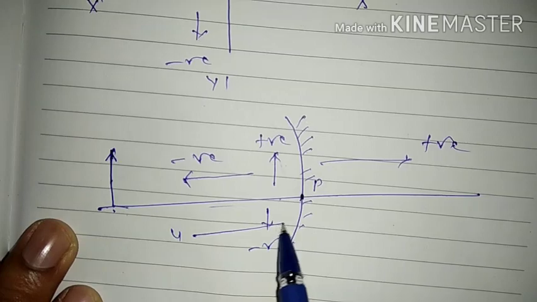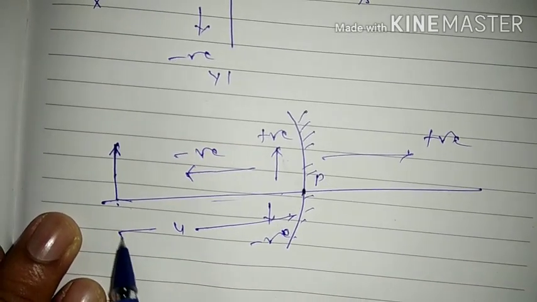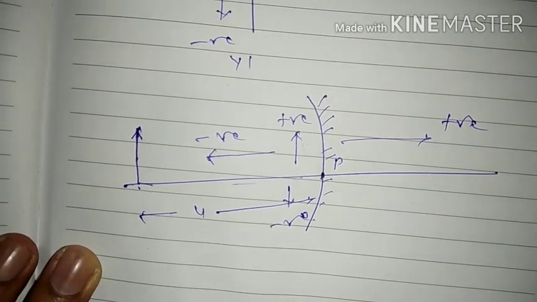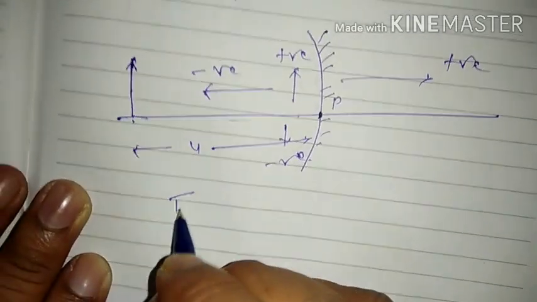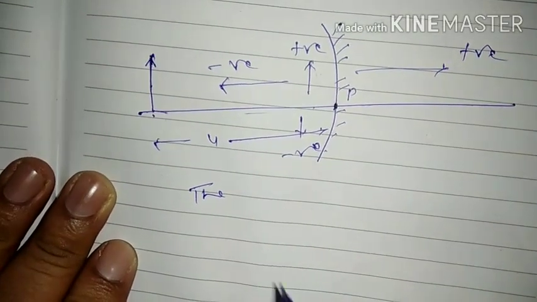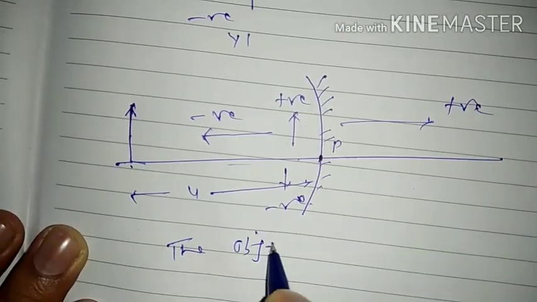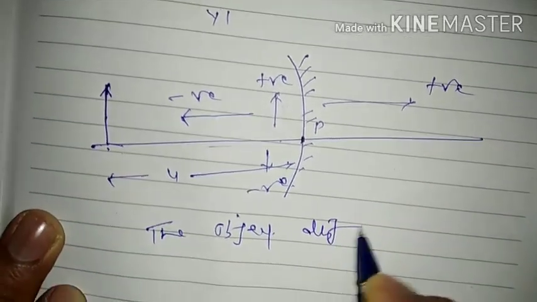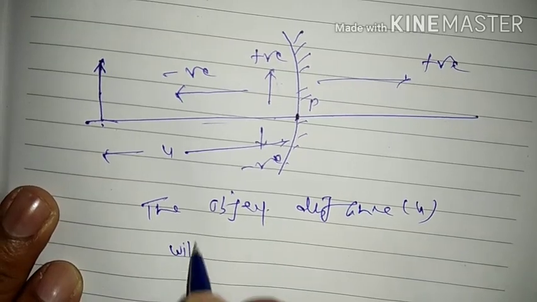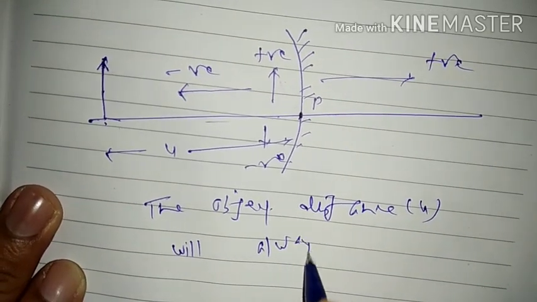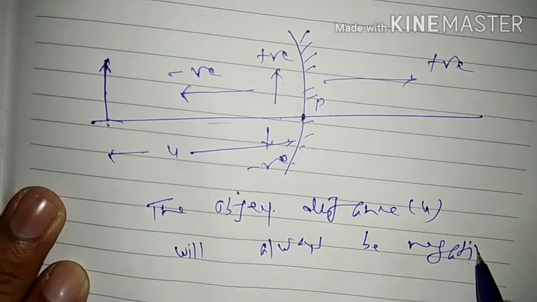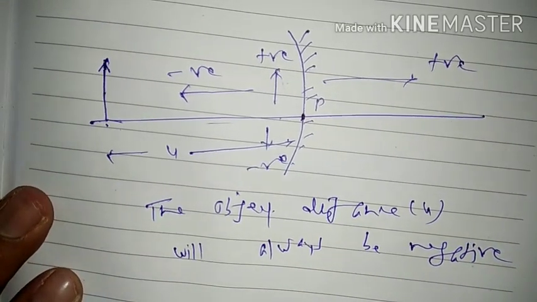So this is object distance. Now, one thing is very clear: according to the new Cartesian sign convention, the object distance u will always be negative, always, up to our whole life.